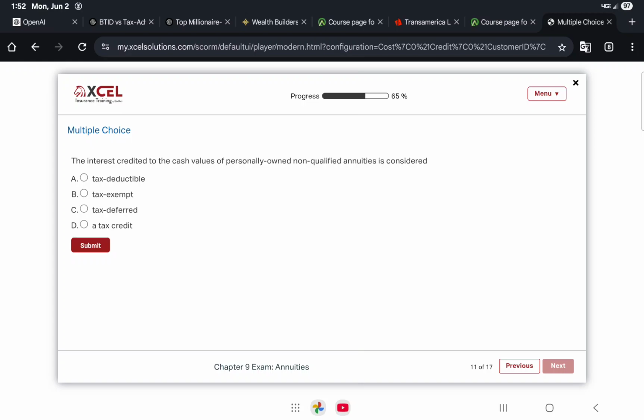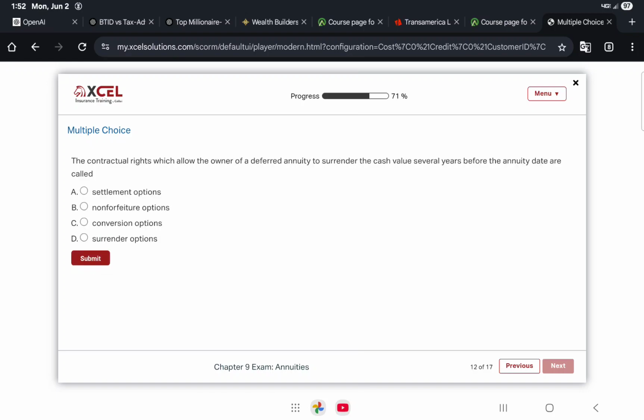The interest credited to the cash values of personally owned non-qualified annuities is considered tax deferred. The interest credited is usually tax deferred in an annuity, just like a 401k or an IRA. The reason why we set it up is so we can defer the taxes until we actually take distributions in the future.